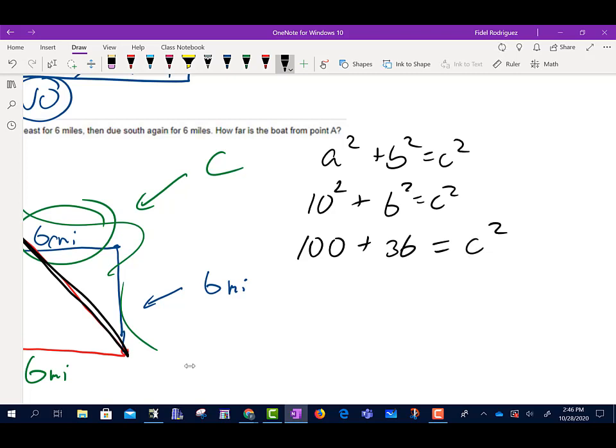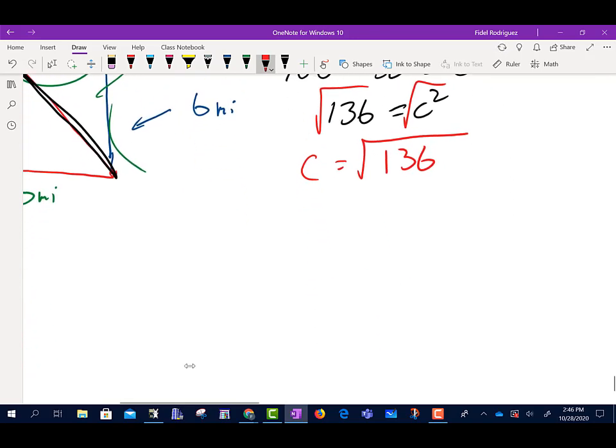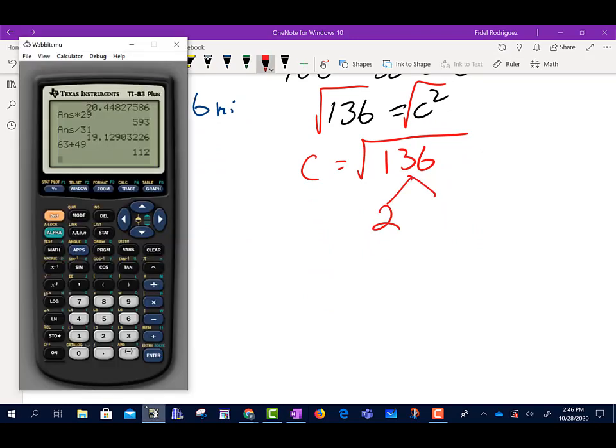So this is 136 equals C squared. Remember what we're going to do? We're going to take our square roots. So 136. And again, I'm always going to try to see if I can break these problems down. I know it's even. We can divide it by 2. What's 136 divided by 2?